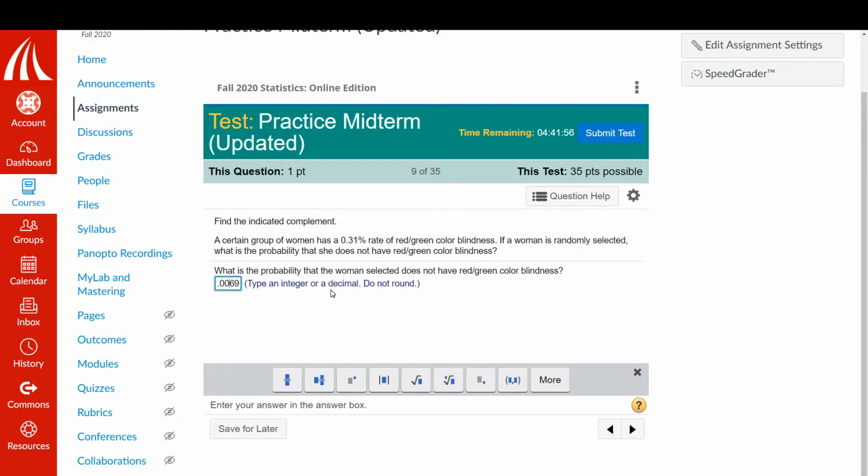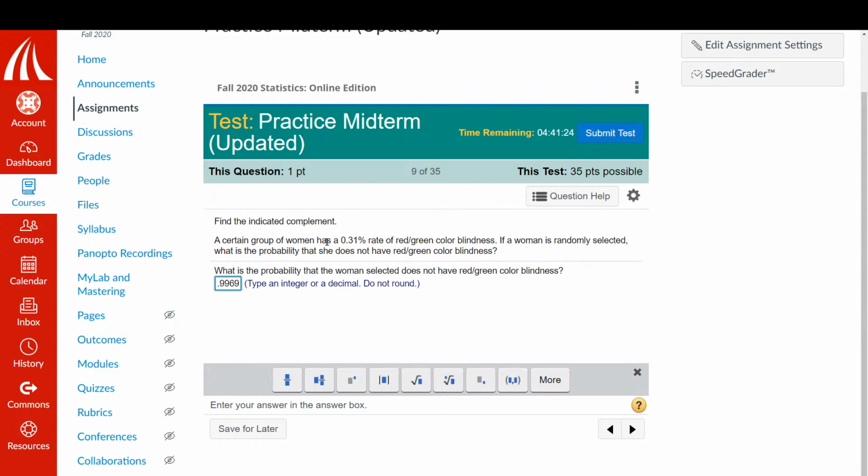Wait a minute, hold on. It'd be more like 99.69%. And if we convert that to a decimal, 0.9969. Okay. Yeah, that was a little tricky.